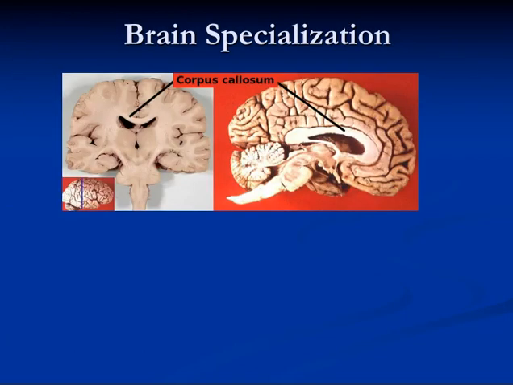I'm going to just point out another region to you as well that's talked about in the text, and this area is important in understanding some of the stuff with the split brain research, and that is the corpus callosum. And the corpus callosum sits, now this is a section of the brain.